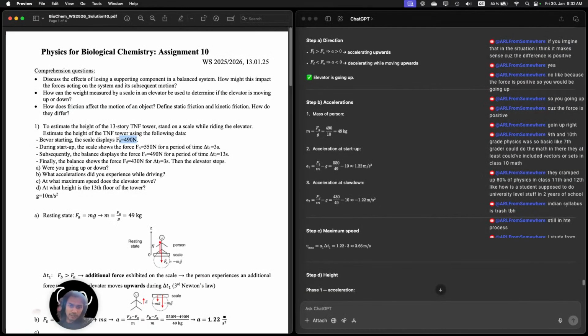Head of the building, I believe. If you imagine that in the situation, I think it makes sense because the difference is positive. That was kind of okay.